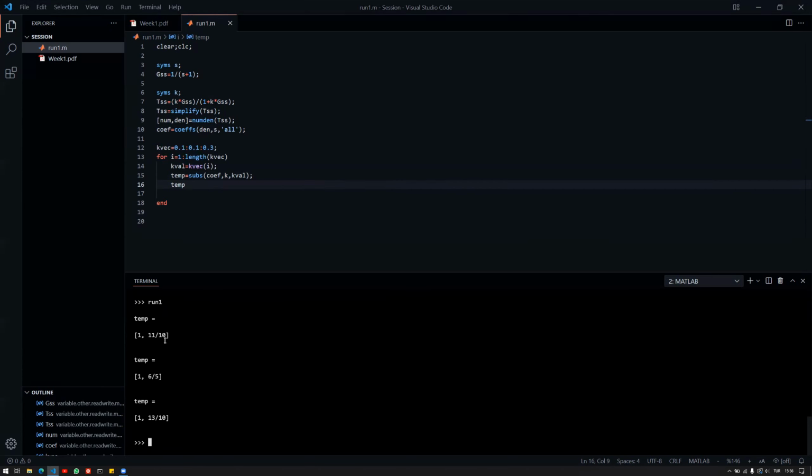And what you also can see is that it is basically symbolic here. If it would have been a double variable that we use in Matlab, it would look like this. But instead of that, we have the fractions, which means that we are still in the symbolic toolbox.